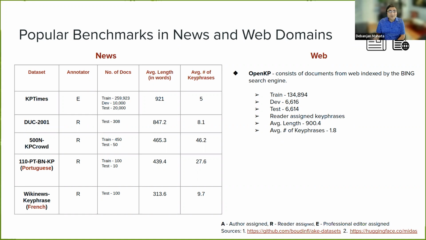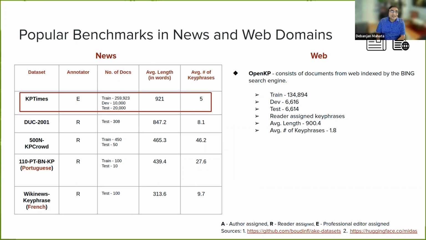KP Times is the only data set which has a lot of news articles annotated by indexers or editors. But if I look into this data set, I get a lot of noisy labels, and it's very hard to train a very good model on it. This is something I would like to explore in the very near future.